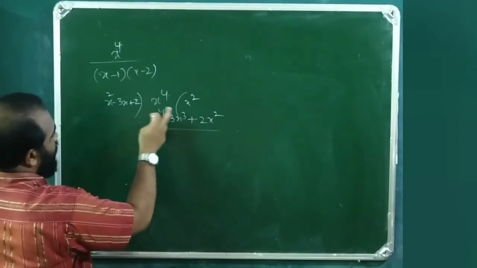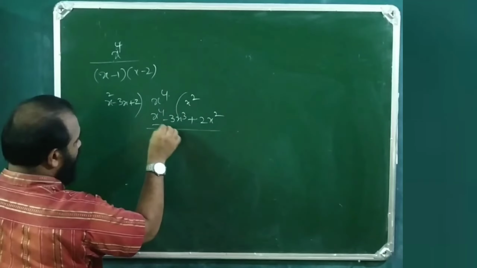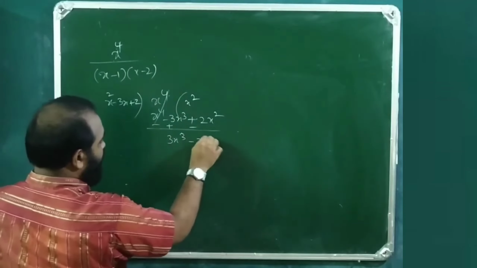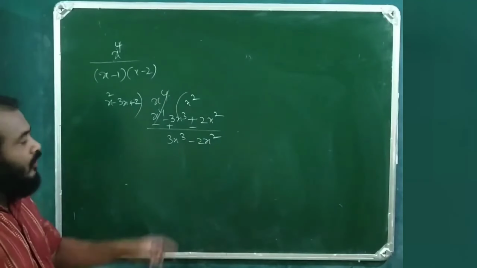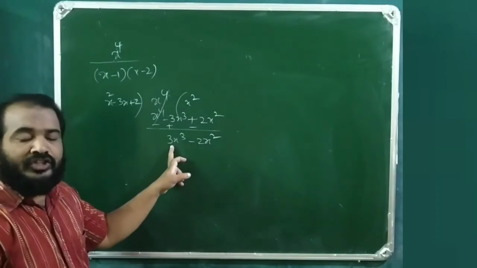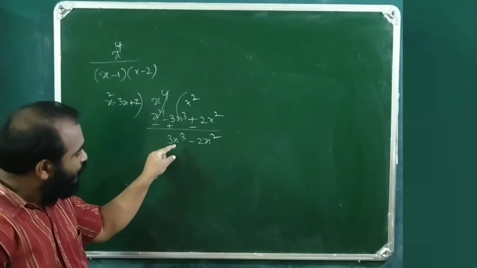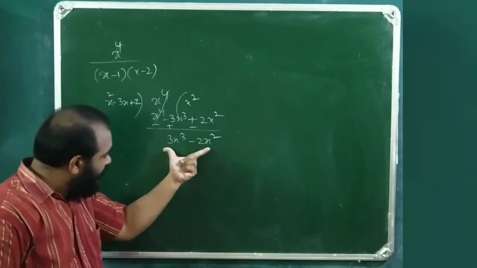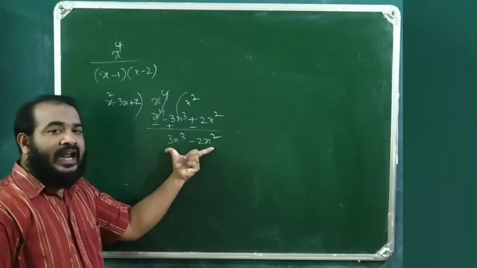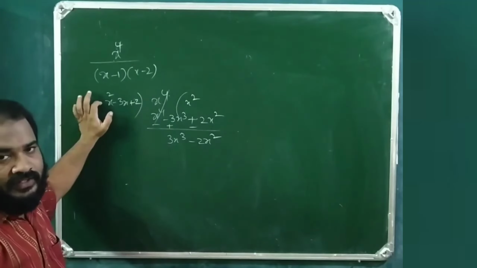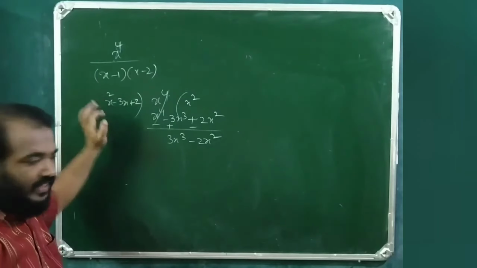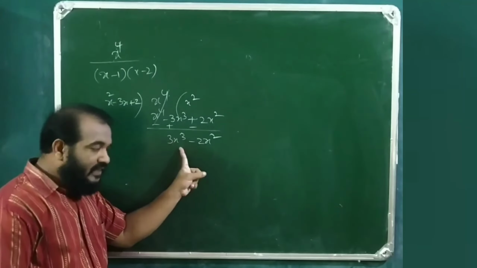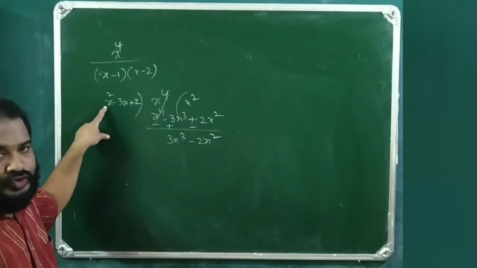Subtracting, we get 3x cube minus 2x square. Further division is possible or not? We have to stop this process when the degree of the remainder is less than the divisor. But here it is not the case. The degree of the remainder that we get right now is greater than the degree of g of x.